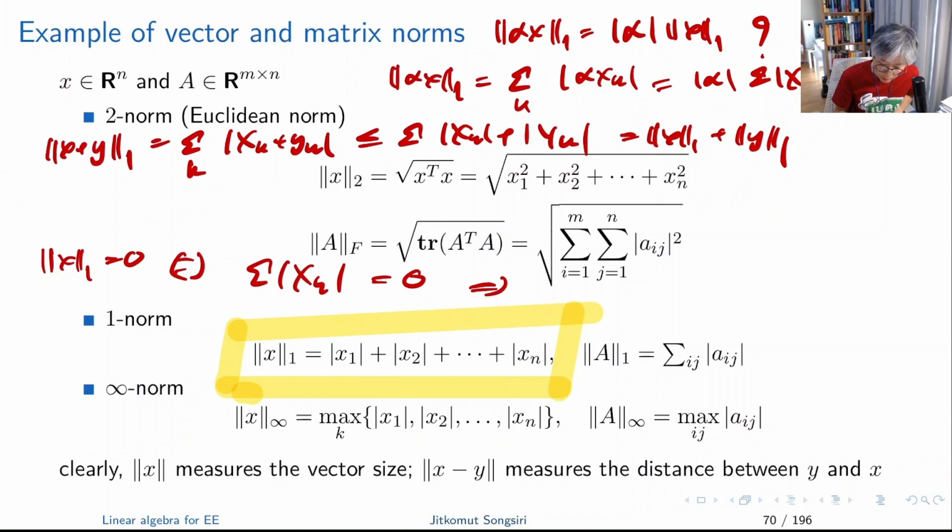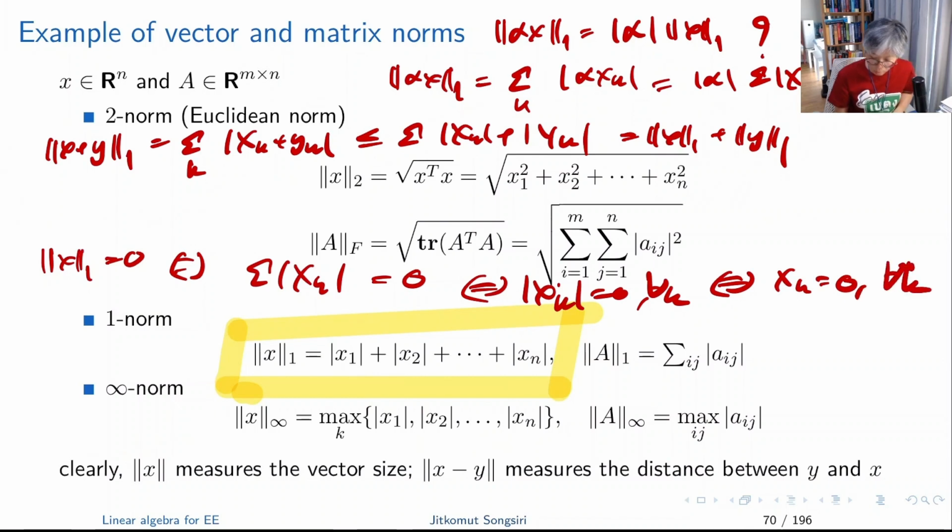And isn't it clear that the sum of absolute values is a sum of non-negative values? So if the sum of non-negative values is zero, each term must be zero. When each absolute value is zero, that's only true when the vector x itself is zero.